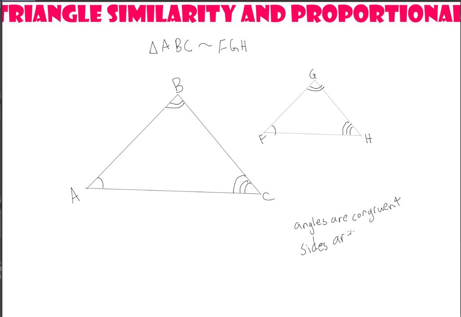And when we say the sides are proportional, this is actually the thing that we're going to use the most, okay? We're also going to use that the angles are congruent, but we're definitely going to use these sides being proportional because we can do some ratios.